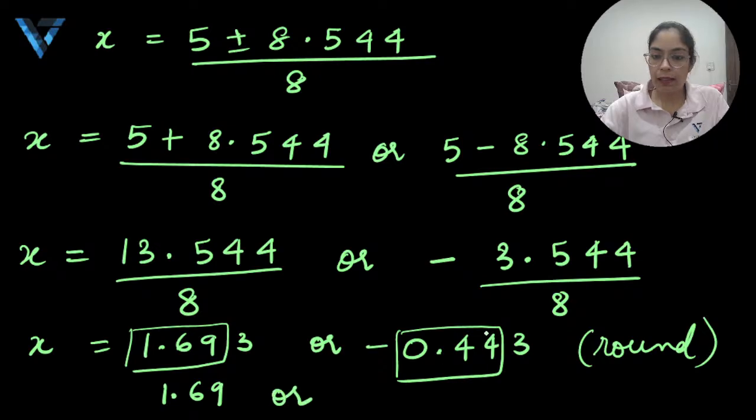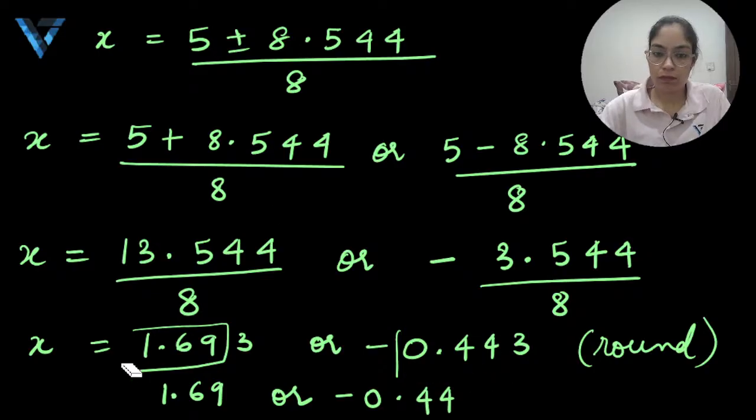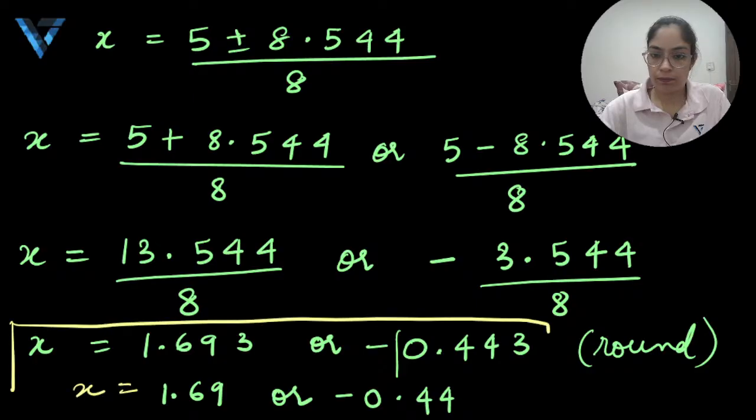And here after 4 we have 3, so minus 0.44. So these values you have to write in the answer: x is equal to 1.69 or minus 0.44.